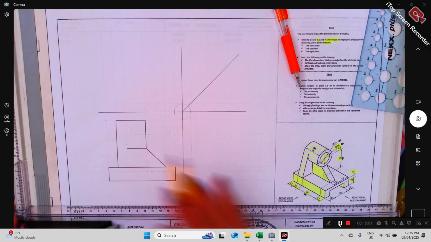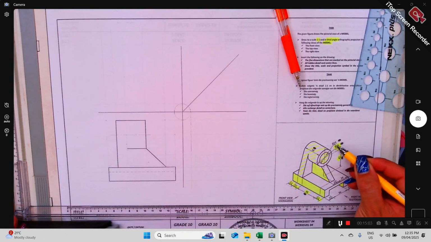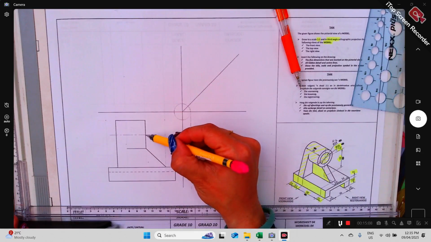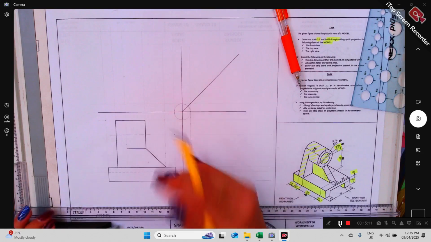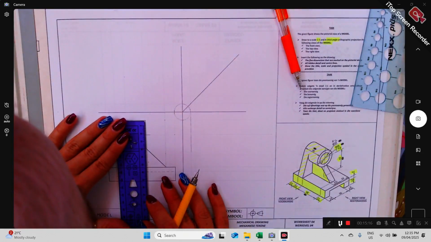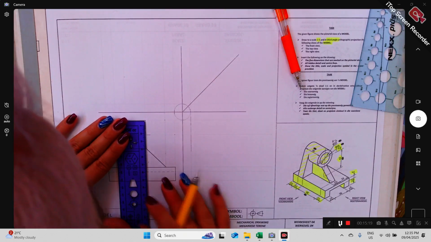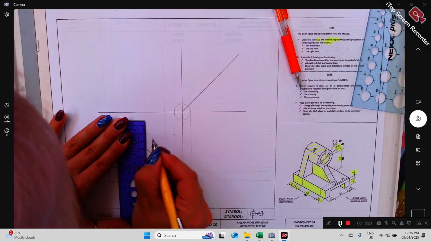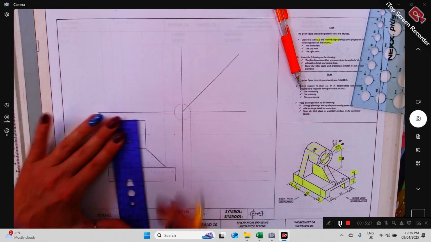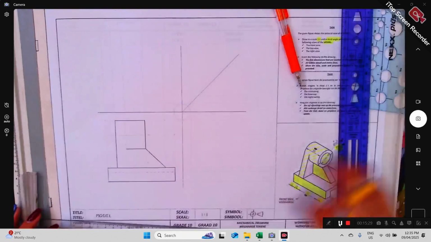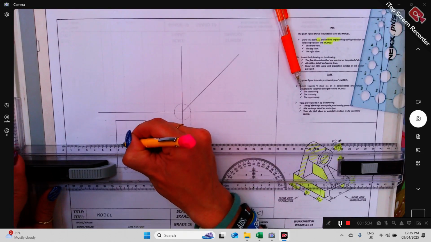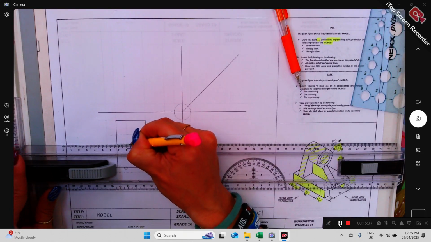Then from the center line, my diameter for that circle is 24, which means my radius is going to be 12. So from the center line, I measure 12 up and 12 down. I make the mark. I insert my hidden detail lines, 2 millimeter line, 2 millimeter gap, as a B line.